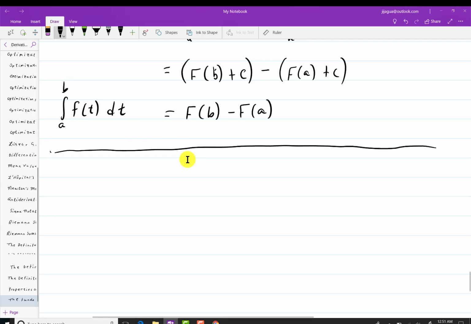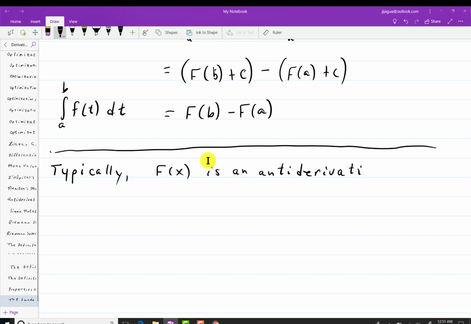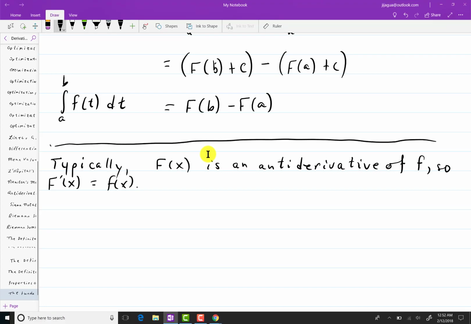So typically, capital F of x is an antiderivative of little f. So capital F prime of x equals little f of x. Let's do some examples.